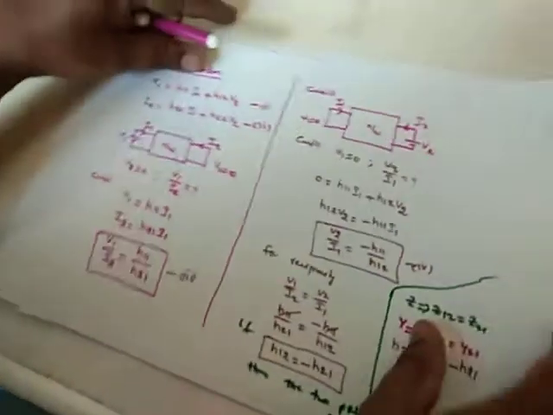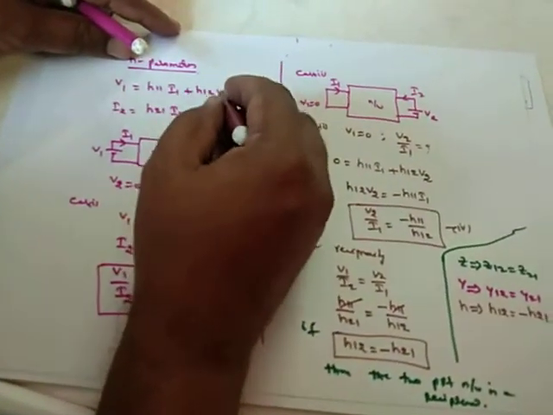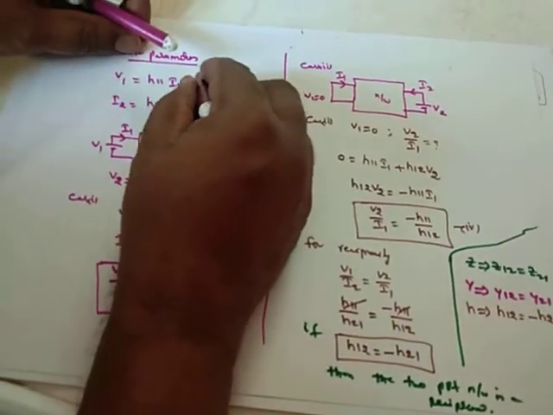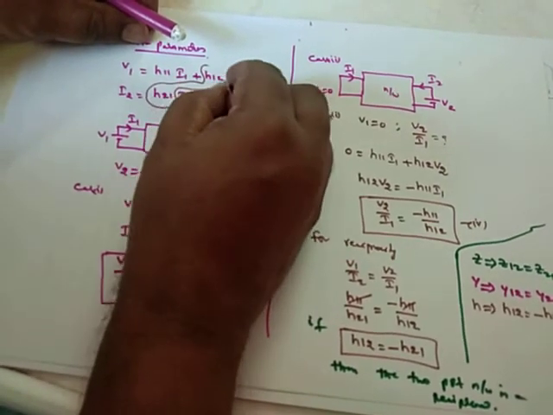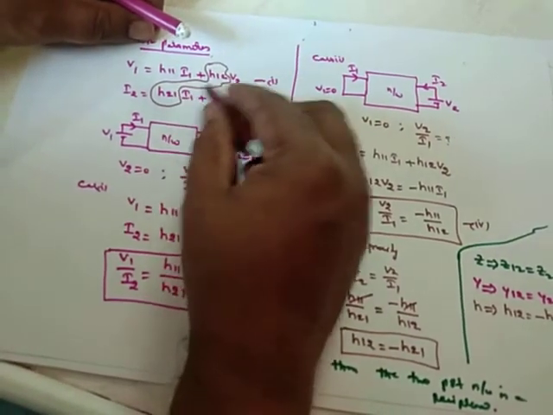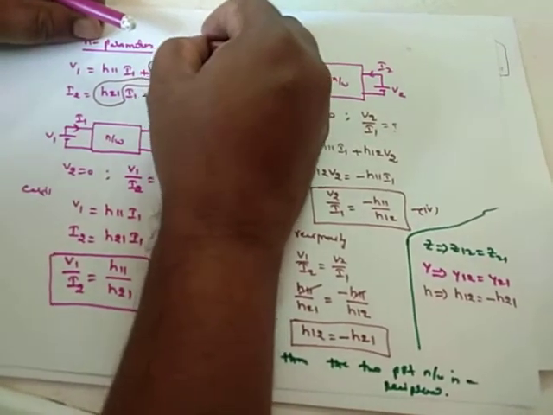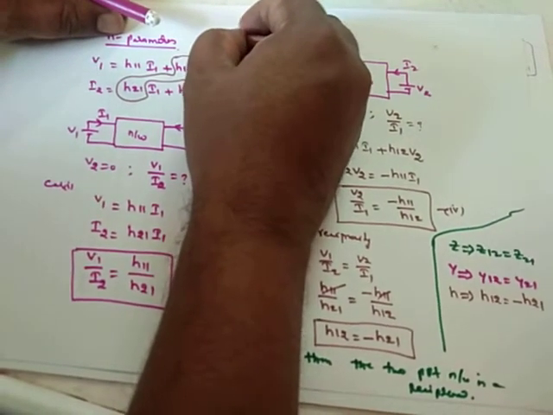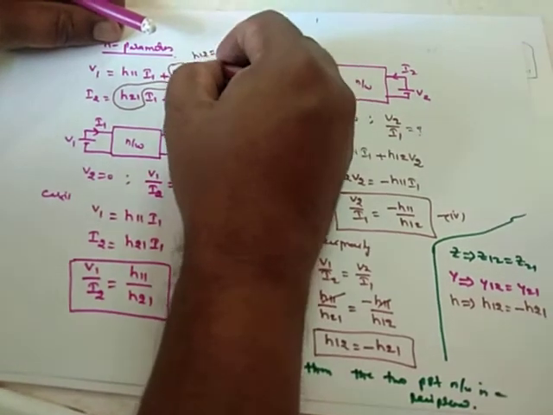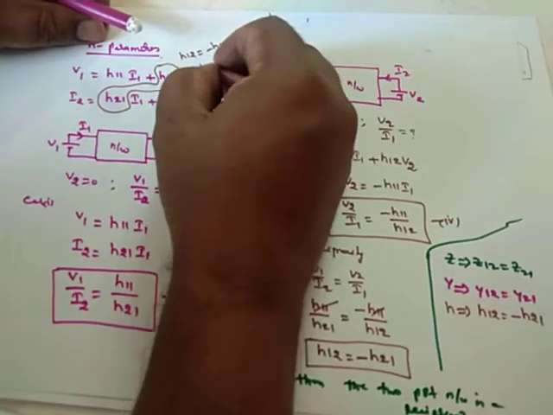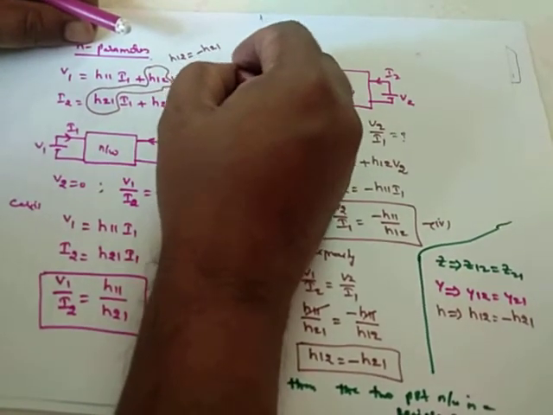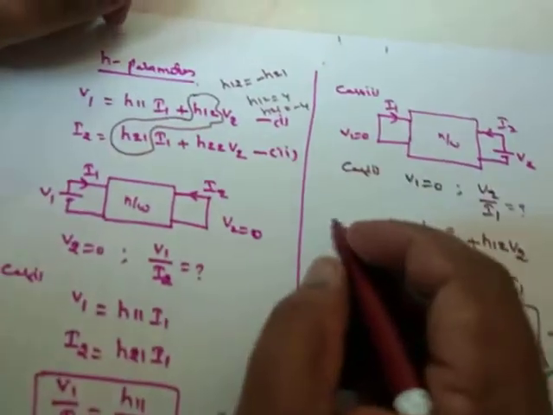Observe here the diagonal parameters. H12 is equal to minus H21. Suppose H12 is equal to 4, H21 is equal to minus 4.